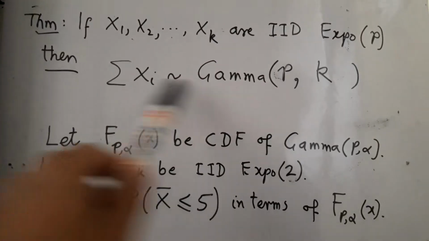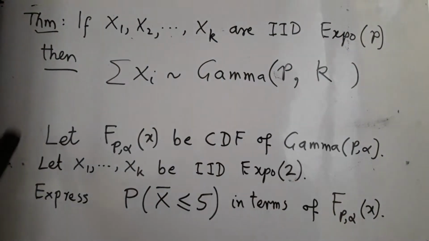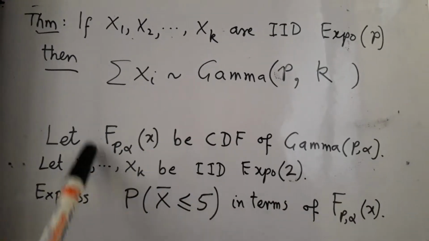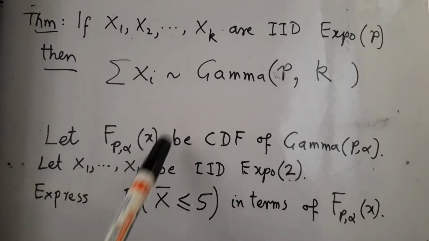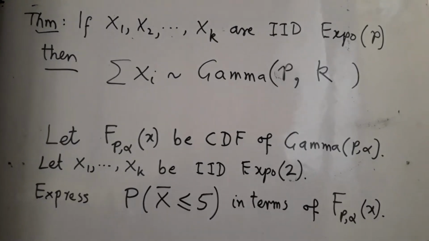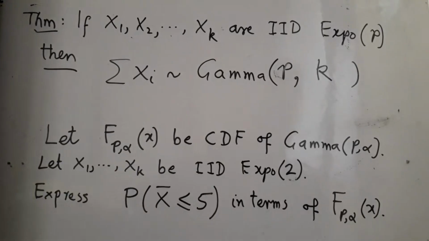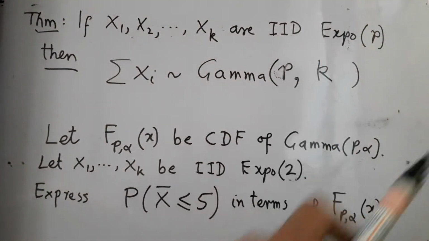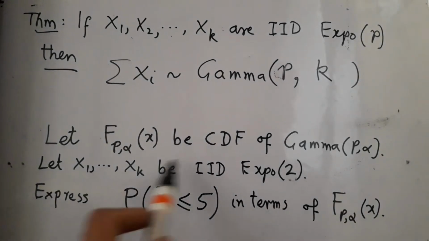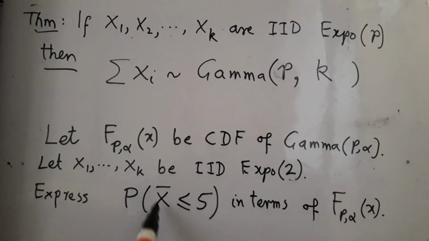With this theorem still on screen, try to do this. I give you the CDF of gamma p, alpha as a notation. In general, it is quite difficult to compute it. One has to use numerical methods to compute it. But suppose I give you this function. Now, x1 to xk are IID, very much like this setup. I give you a value for p, 2. Your job is to express the probability that x bar is less than or equal to 5.